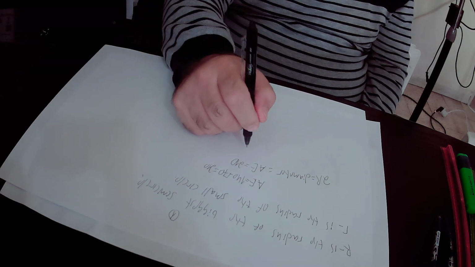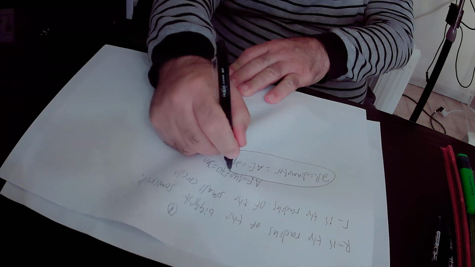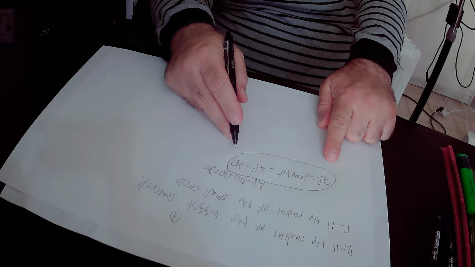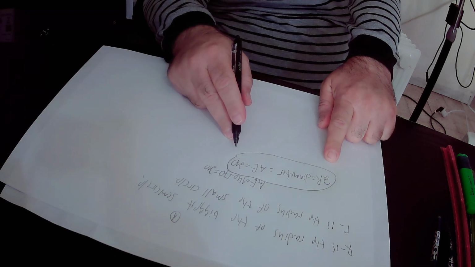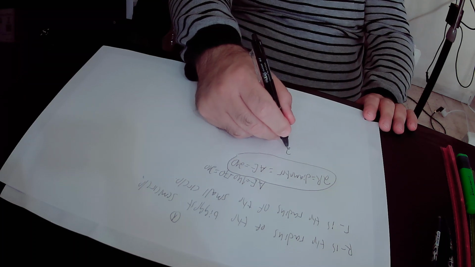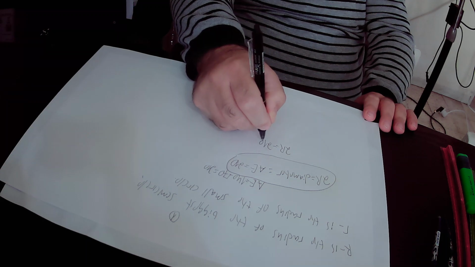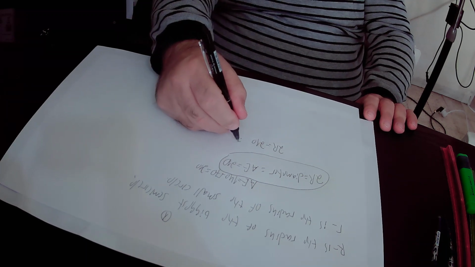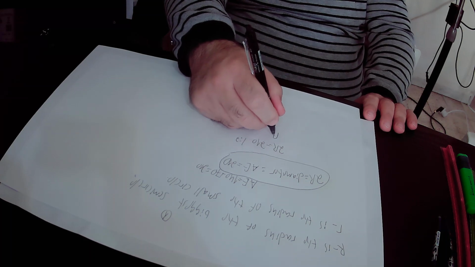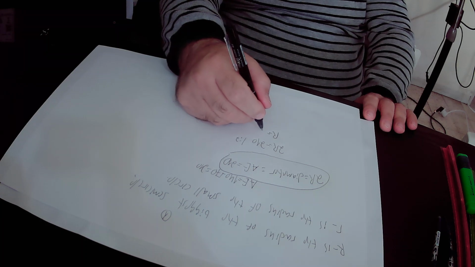From this equation, we will derive that 2 times capital R equals 210 units. Here we'll divide this equation by 2, and we'll get that capital R equals 210 over 2, which is 105 units.